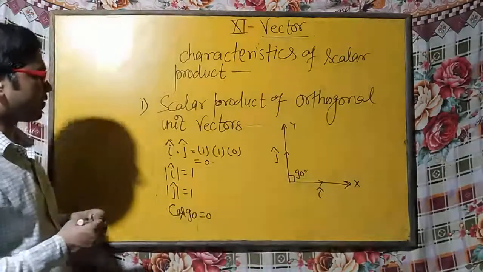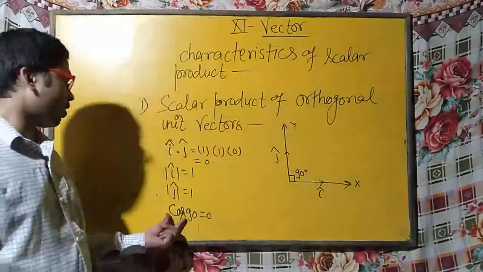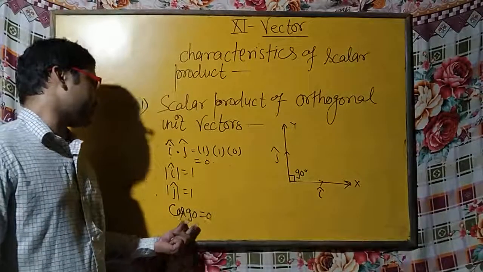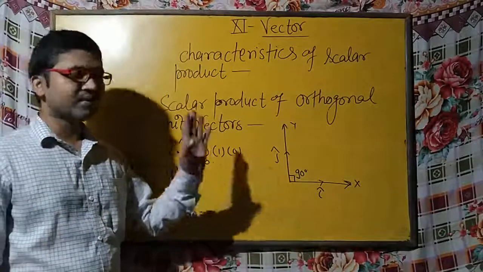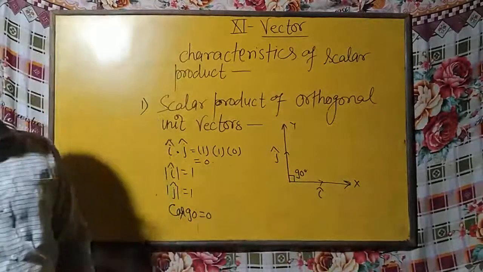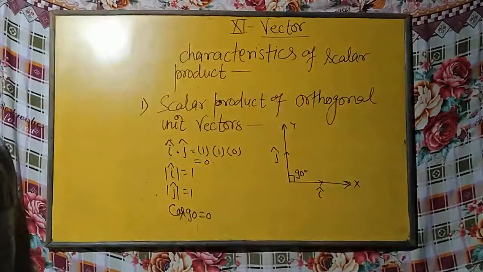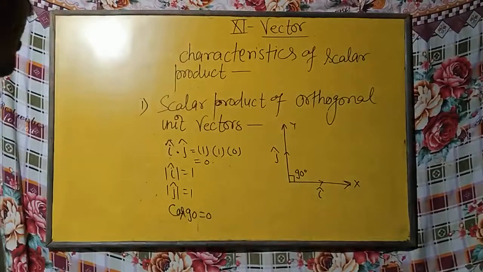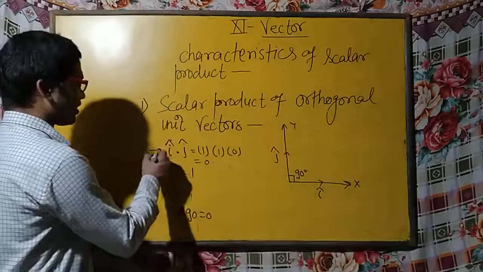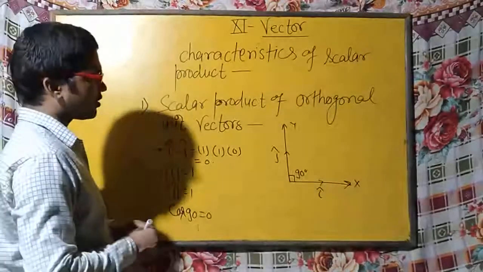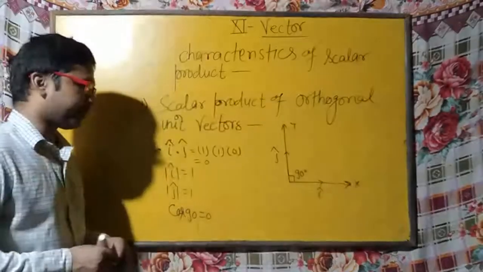So you can see if two vectors are at 90 degrees, then cos of 90 is 0 and their scalar product is always 0. It means if two vectors are perpendicular to each other, then their scalar product is 0. Okay, so this is a very interesting result. You can find the same for j and k, and k and i, right?